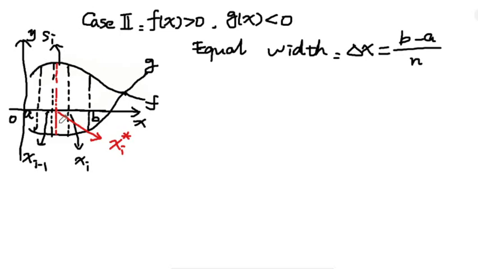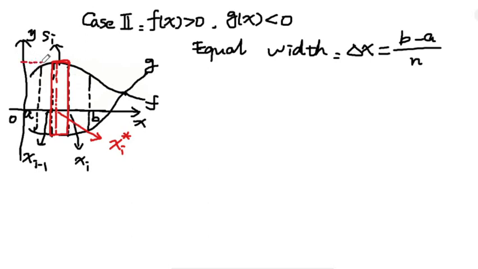Then I can form the height based on x_i star. That will be the height of the rectangle. Then I form a rectangle to estimate the area of the strip S_i.